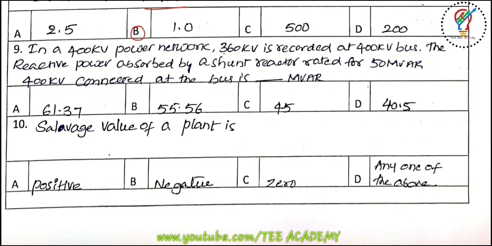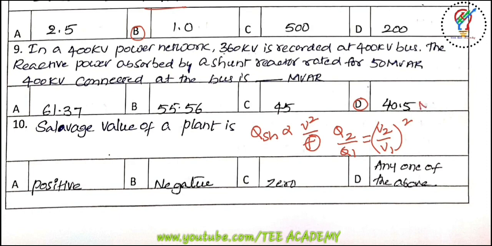I will give the hint: Q of a shunt reactor is proportional to V square by f. Here f is constant, so simply Q2 by Q1 is equal to V2 by V1 whole square. Just apply this relationship and you will get the answer. I'm not going to do it here. If you want, I will make another video regarding numerical problems in power system. So the answer for this question is D.